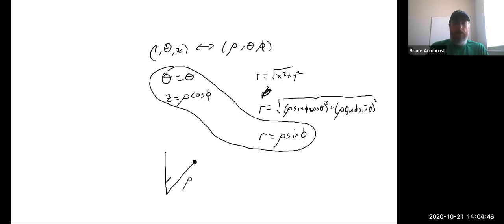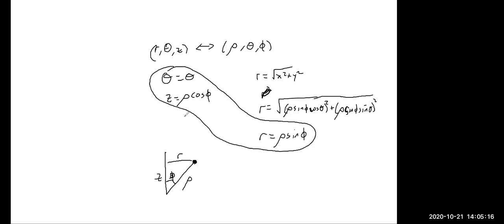There's rho, here's phi, there's our z, and this side's actually our r. And so you can see how the sine of phi is r over rho, which gives you that. So anyway, the answer is yes, there are conversions, and there they are. You actually already knew most of it. You just didn't know that you knew. Thank you. You're welcome.